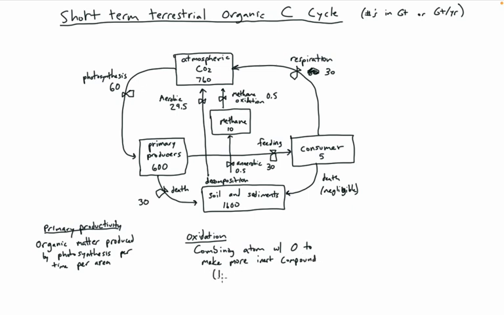So this is like rust or CO2. And that's a process that releases energy. So that's why we eat plants, us animals, right? So we can use that energy by performing this chemical reaction. And then that stuff we make, the CO2, isn't so reactive anymore, because there's not so much energy in it.